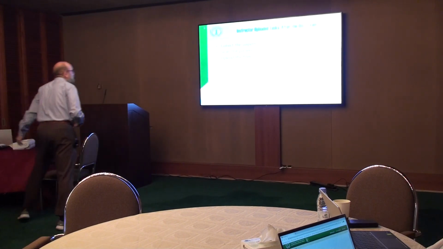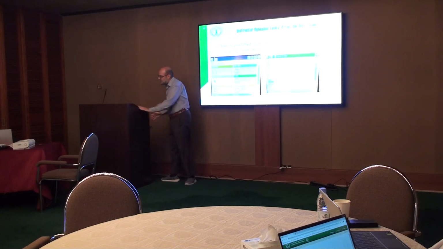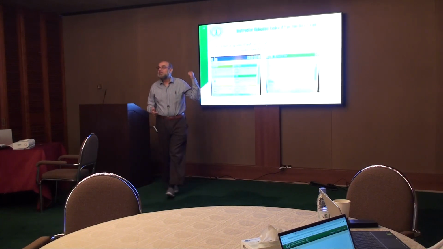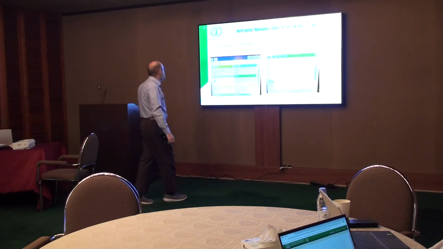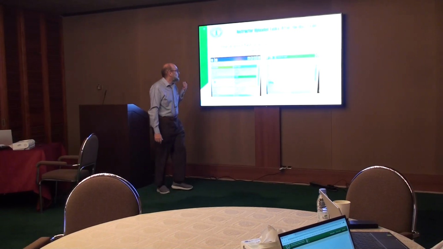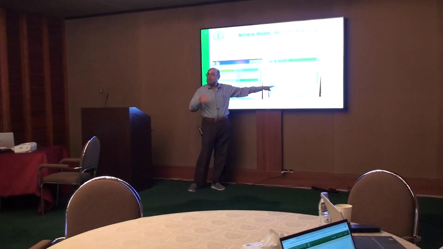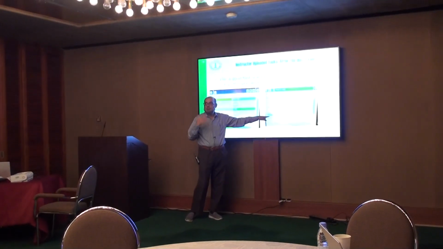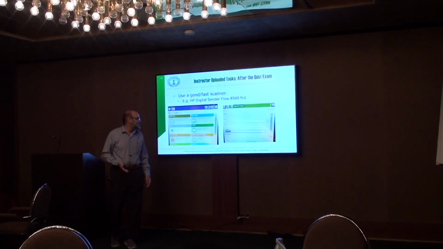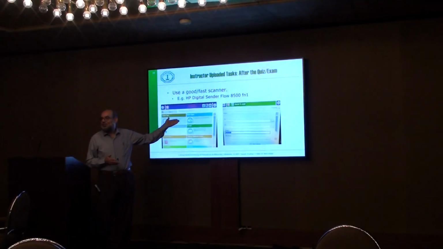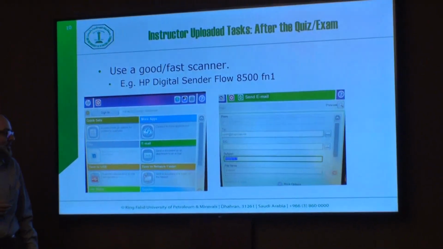Let me go over some of the things that I did in our scanner in the ICS department. Basically, I use the subject, and if there is more than one batch, I put 1, 2, 3. I'm not sophisticated enough to know how to take it directly to my machine.